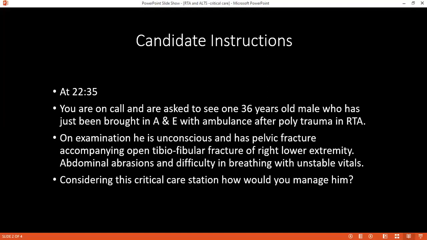I will go for conservative management if the patient is hemodynamically stable, and first do an ultrasound. If over the subsequent hours the hemodynamic status goes unstable, then I will decide for damage control surgery, surgical exploration.